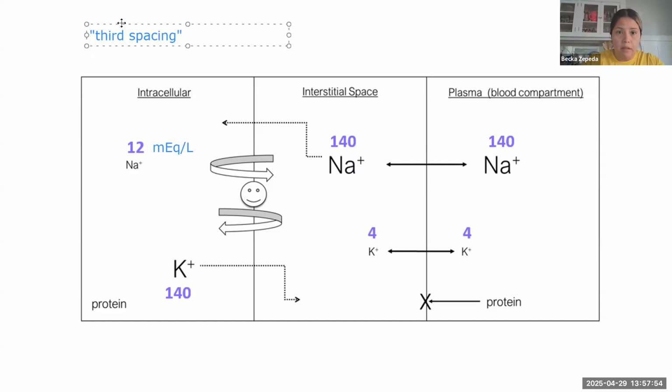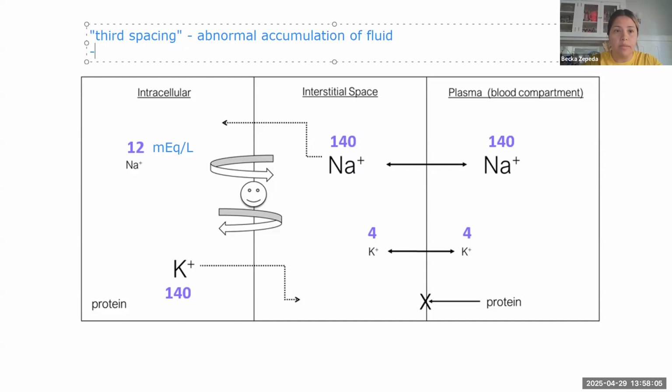So third spacing is the abnormal accumulation of fluid, which many times takes place in a body cavity. And when you have fluid inside of a body cavity, not in the intracellular space or the interstitial space or in the blood plasma, if it's not in these three compartments and it's somewhere else floating around in a body cavity, this is where that fluid can't carry out normal function.